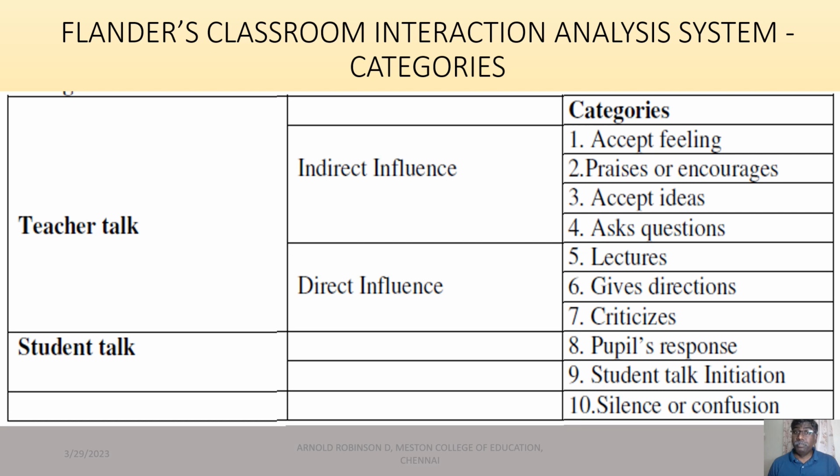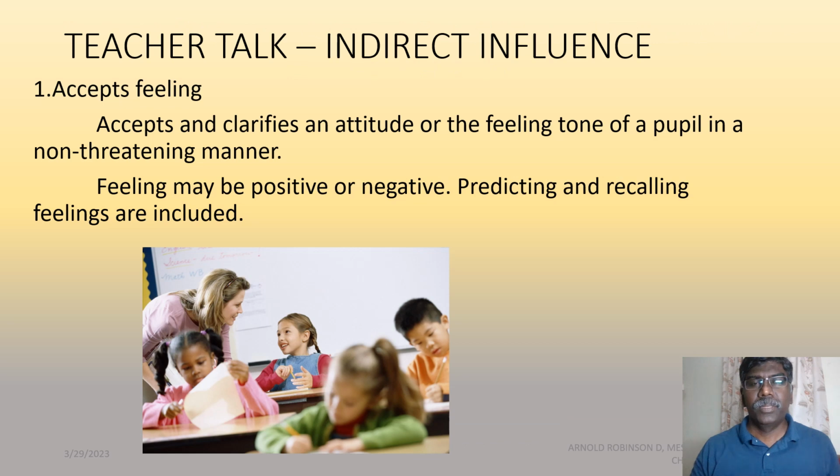Another three categories come under direct influence: lectures, gives directions, criticizes. Under student talk, there are response and initiation. I already told you the tenth one is silence or confusion. We will discuss each category in detail.